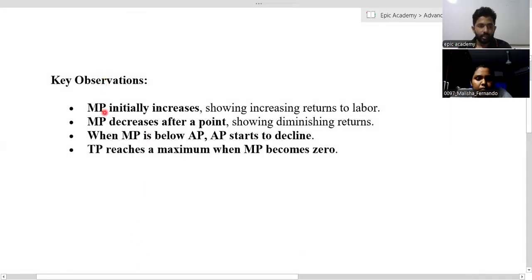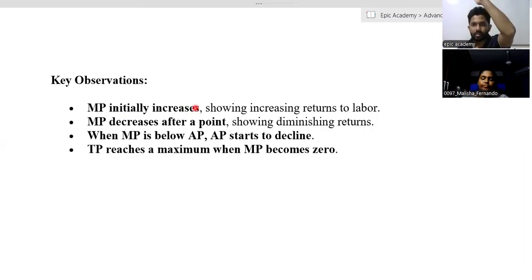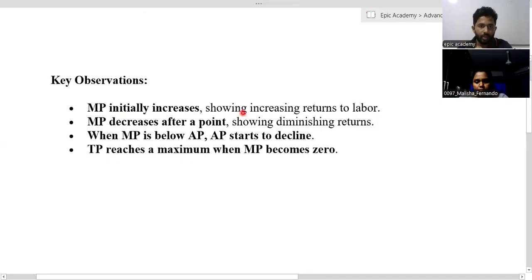So those are the key observations related to the curve. MP initially increases, showing increasing returns to labor. The returns of the labor are increasing.